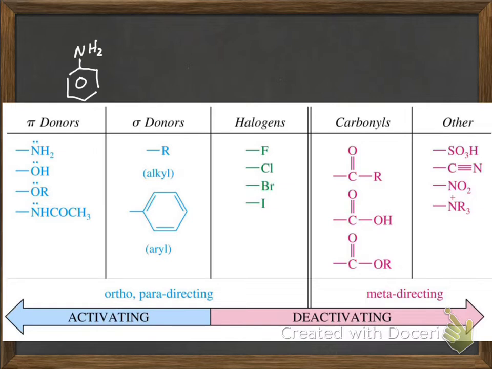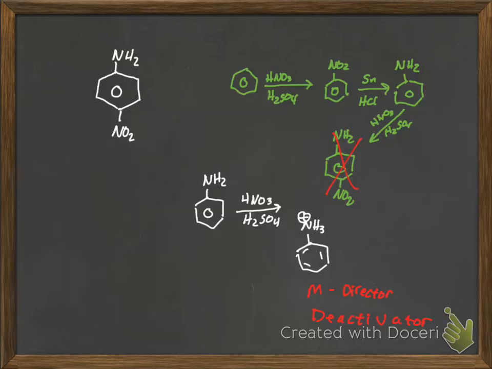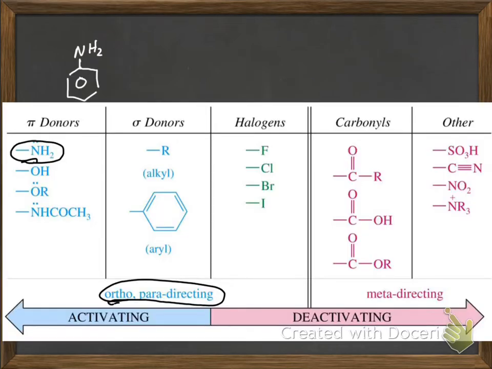So what we've got here is our ortho-para-directors. And we know that the NH2 is an ortho-para-director. And remember, that's the structure we want because we're trying to get to paranitroaniline. But we know we can't use the amine because it'll protonate if you give it half a chance.